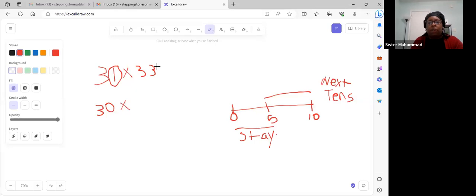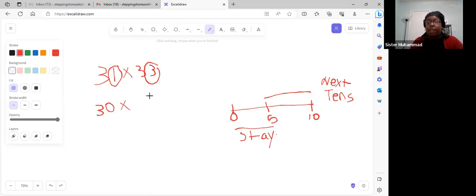Times. All right, and let's look at our 3 in the ones place. Now, we have 2 3s here, but we're not looking at the 3 in the tens place. We're simply looking at the 3 in the ones place. Now, 3, is it between 0 and 4, or is it between 5 and 10? Of course, it's between 0 and 4 because 3 comes right before 4. That means we stay, okay?